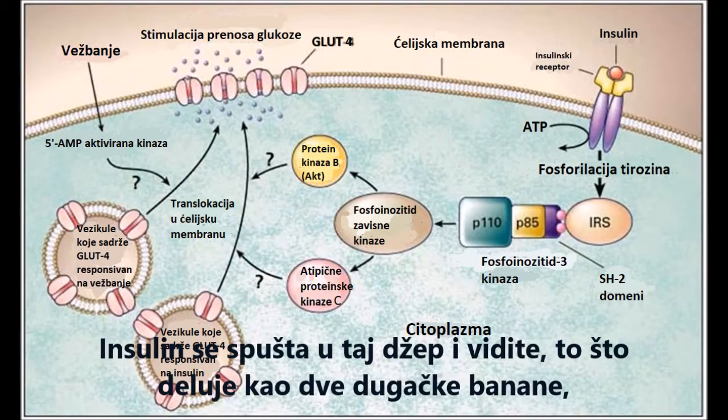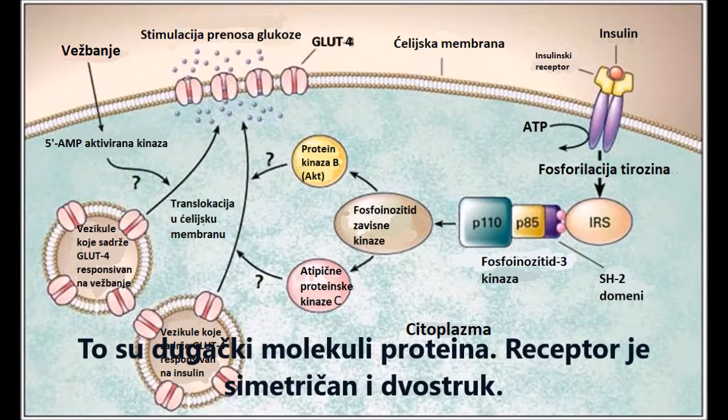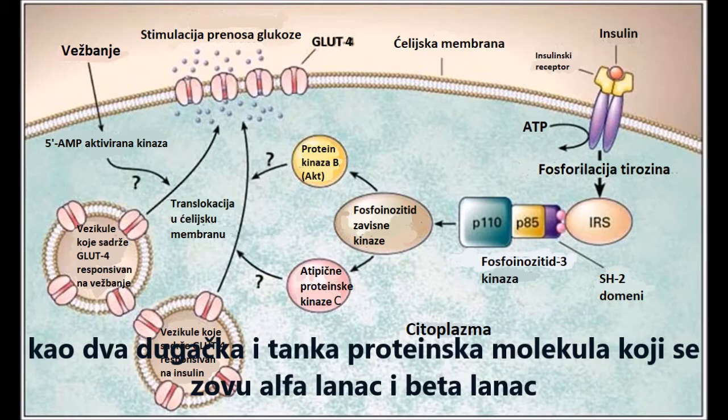The insulin lands in that pocket, and you see what looks like two bananas. Those are lengthy protein molecules. So the receptor is symmetrical and is duplicate, has two long, skinny protein molecules that are called, I believe, an alpha chain and a beta chain.